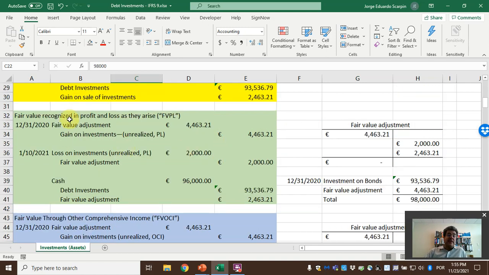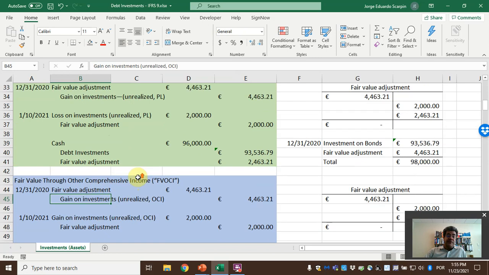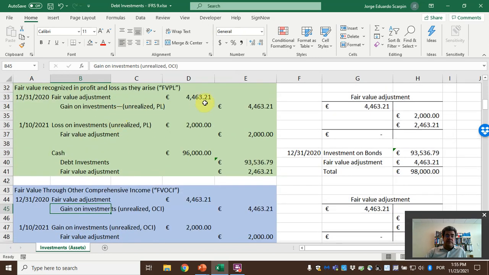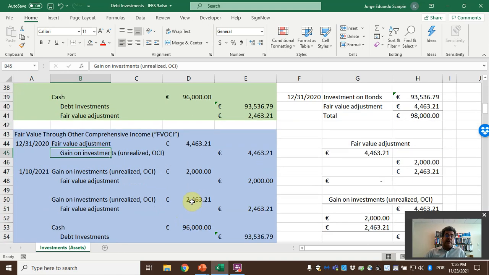Exactly the same as the fair value recognizing profit. However, fair value adjustment, first one is exactly the same. However, the gain on investment, instead of profit and loss, it is other comprehensive income. It is on equity. And then the second one, the 2,000, the last one as well.